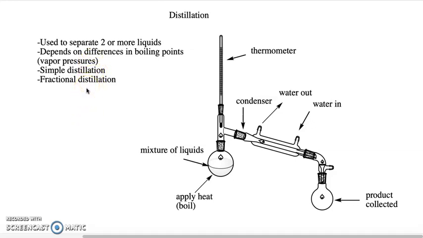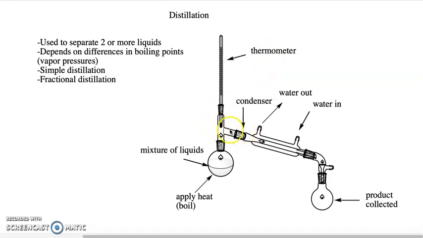Just to understand what we're doing and what the distillation setup looks like, this is an example of a simple distillation apparatus. We have a mixture of the liquids that we want to separate right here, and we apply heat here to boil them. The vapor climbs up here and it touches the thermometer so that we can measure the temperature.